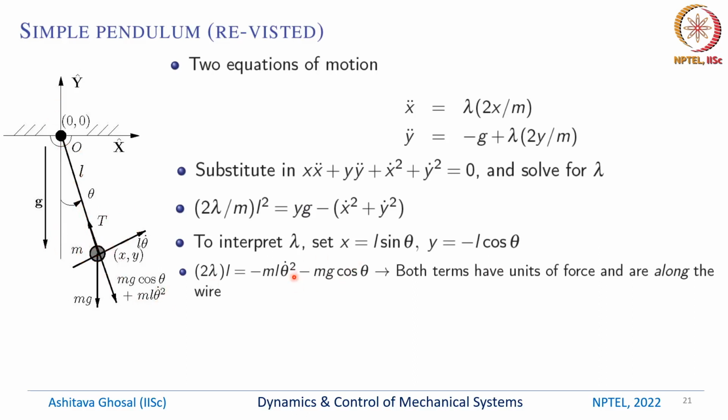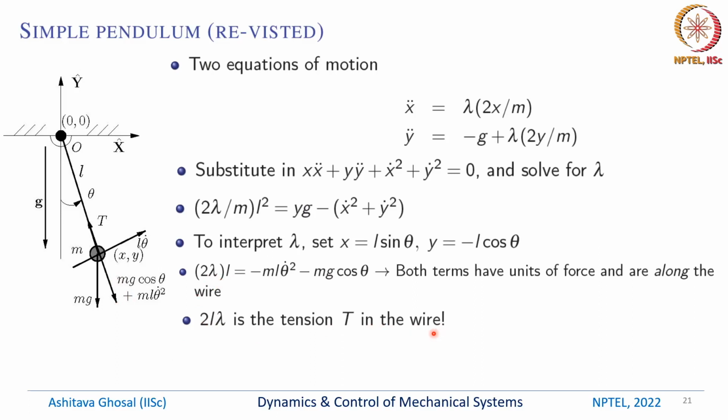Okay, so both of these terms have units of force, and they are along the wire. That is important. So hence this 2L lambda is the tension T in the wire.